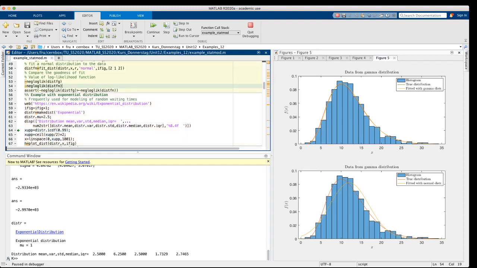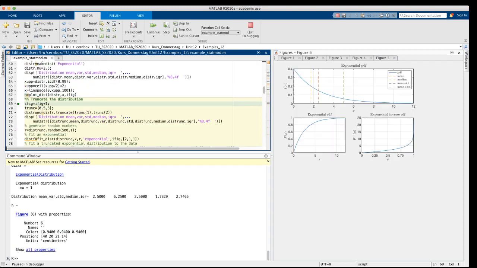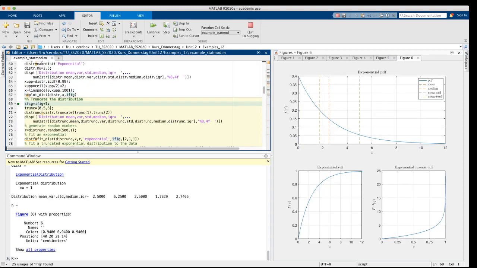I now plot the distribution from 0 up to the 99% quantile. And you see the PDF in the top panel. The mean is at 2.5. The median is smaller. It's actually 2.5 times log 2.